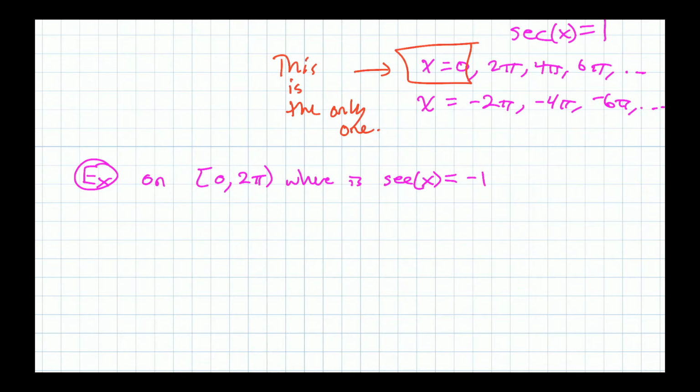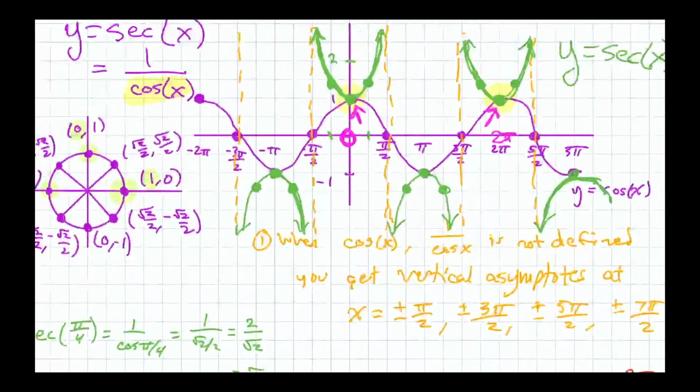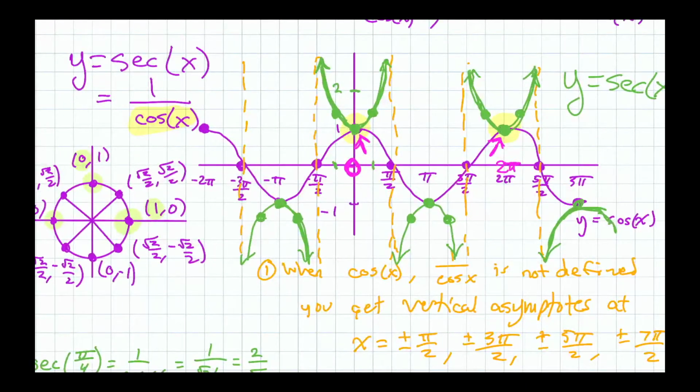And we know that secant x equals negative 1 at, well, let's just list them all. Where are all of the values where secant x is minus 1? Well, you'd have to come back here, look at your picture, and say, well, it sure looks like it's negative 1 right here, and right here, and right here.